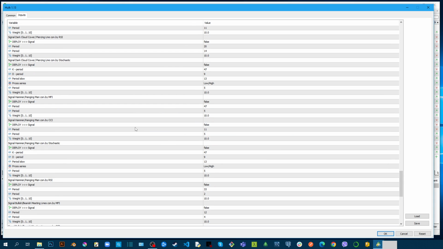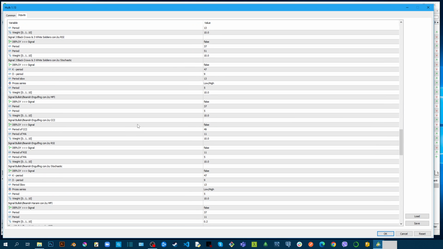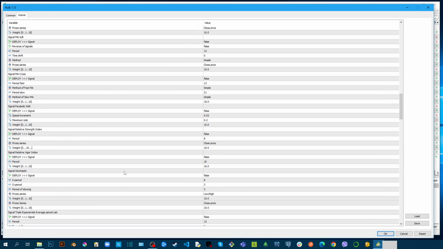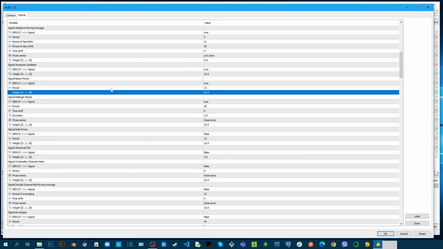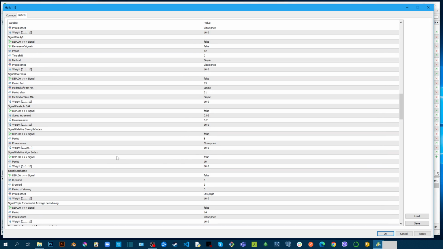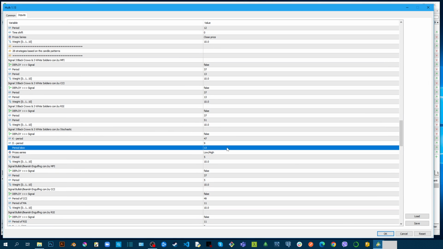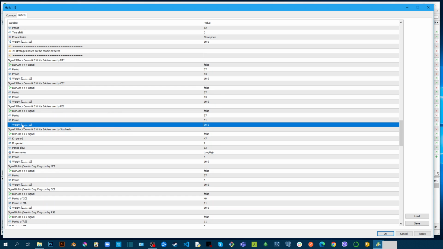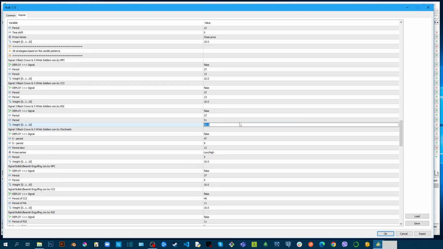Also, if you are using these 28 candlestick formation signals, I strongly recommend that if you combine them with signals based on indicators, you also put 10 or greater than 10 in the weight inputs. As you can see, I give you some range here, 0, 1, 10. And right now I will say use 10 or more.